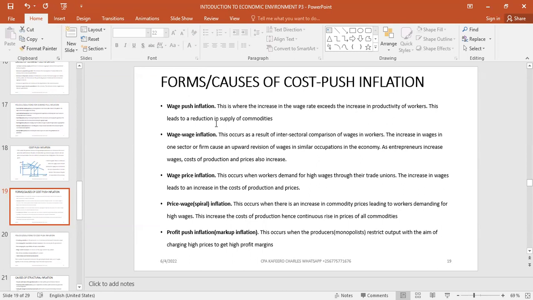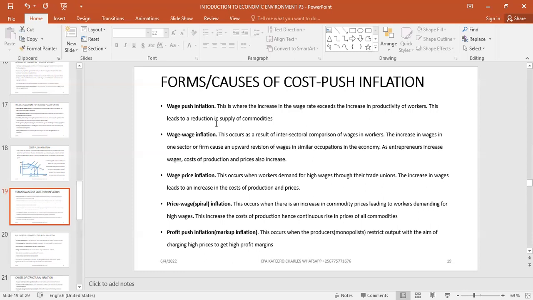Yes, we are adding you more salary, but what you are producing is not increasing as per the expectation. When that happens, we expect that the supply, first of all, is going to reduce because we're not producing, but the money we are paying you is increasing every time. When the supply reduces, then since your wage is increasing every time, it will also increase the prices for those commodities.